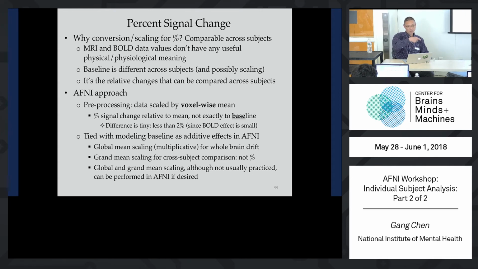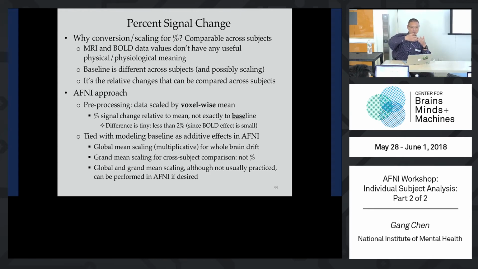So in a model, remember the baseline in AFNI is just the intercept. Then the regressors are something above that intercept. Because we divide by the average, the baseline is roughly about the average. So the real regressor of interest would be something above that.